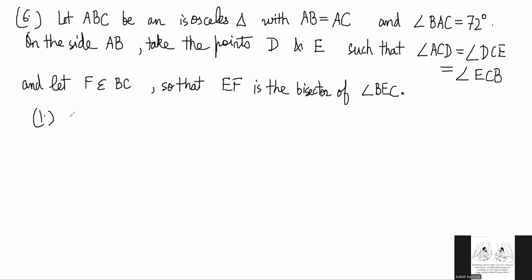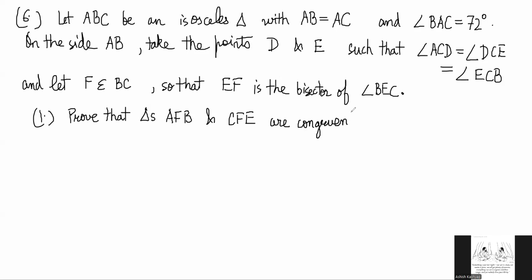First part is prove that triangles AFB and CFE are congruent. And second part is prove that AF is perpendicular to CE.